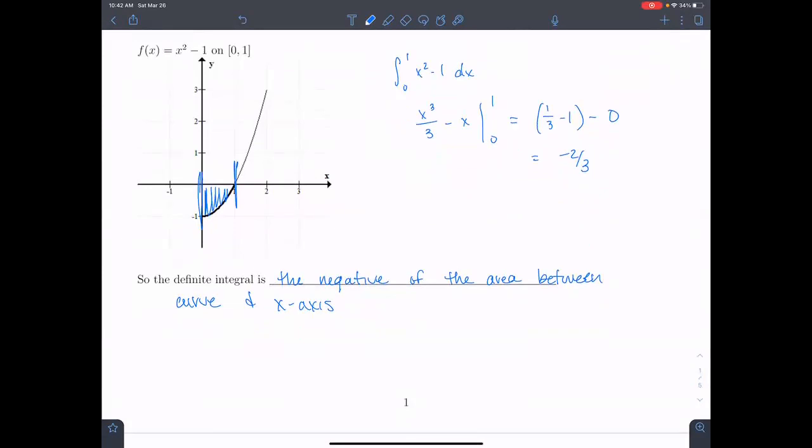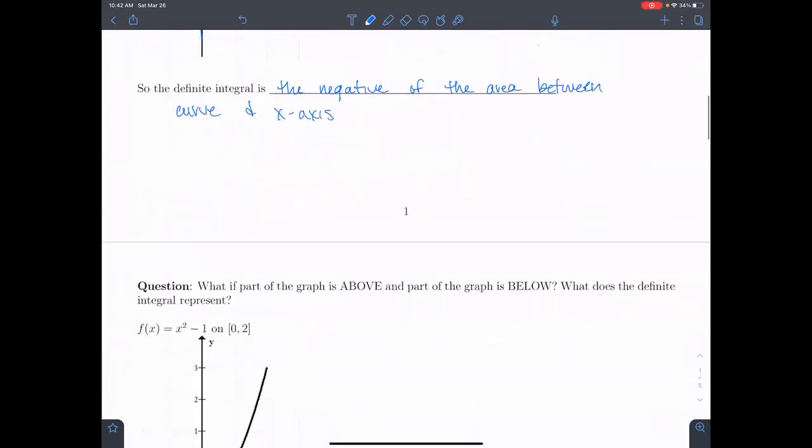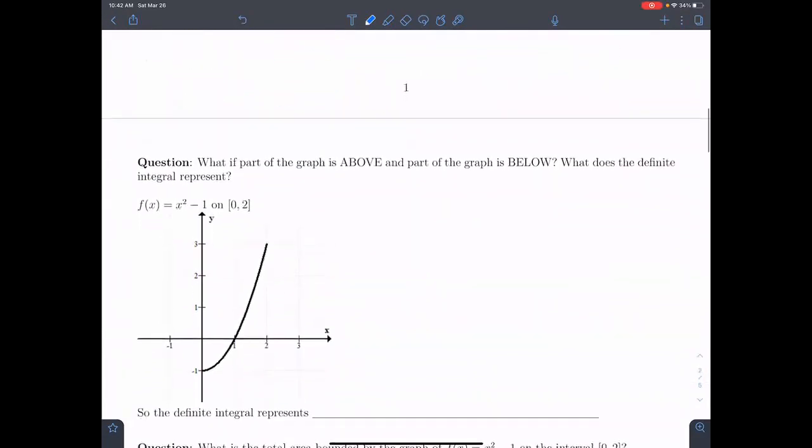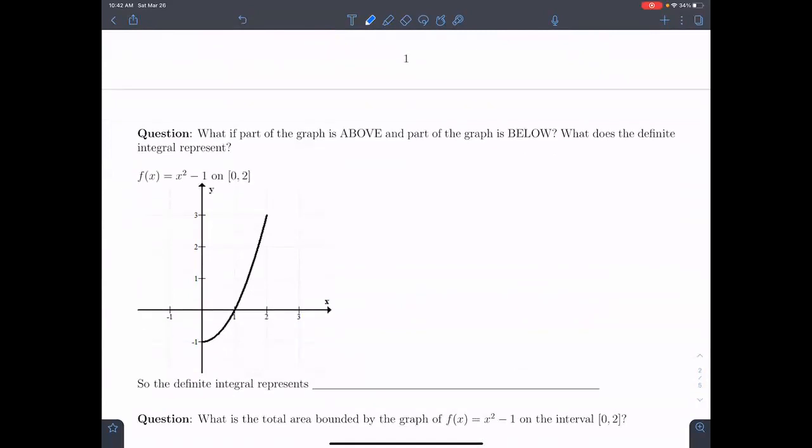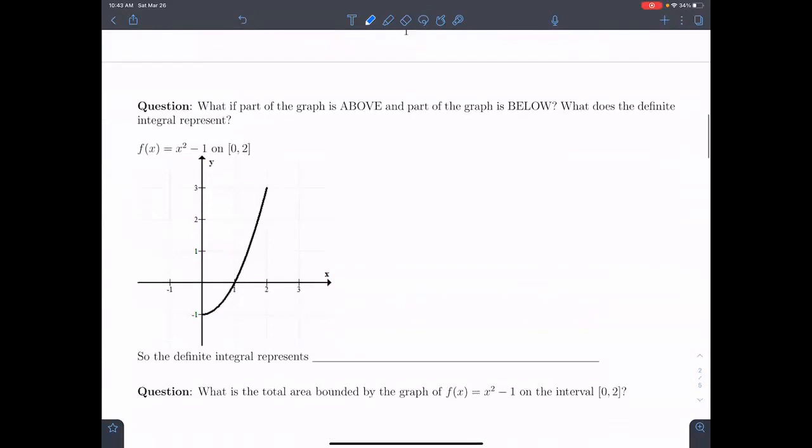So what we would want to do, looking at that whole interval, if we did this whole thing from 0 to 2, we would have this piece and this piece.